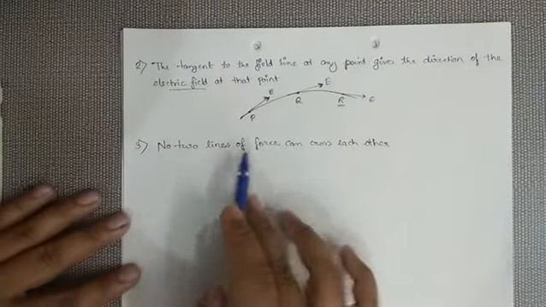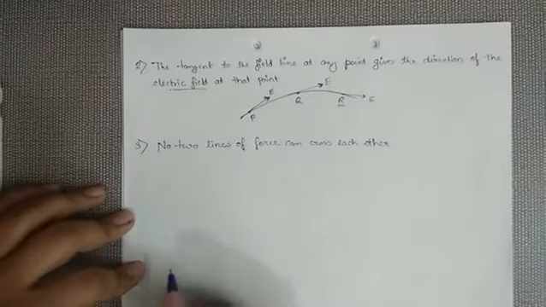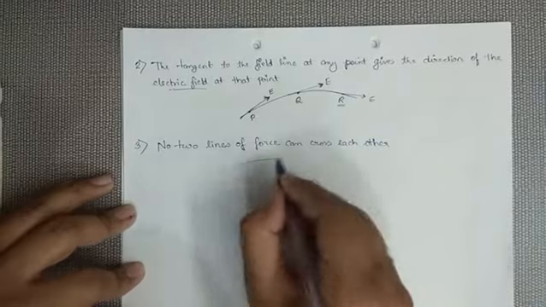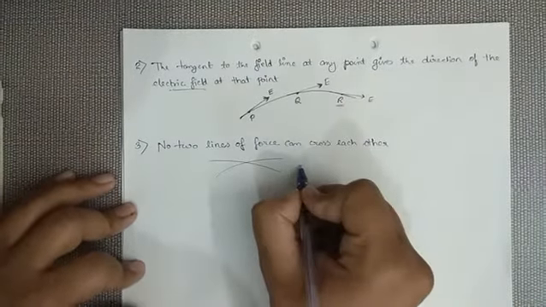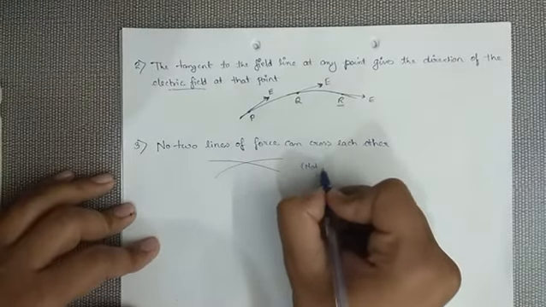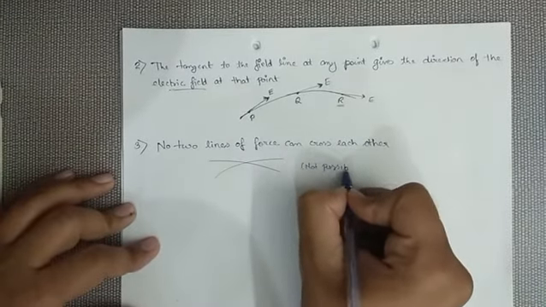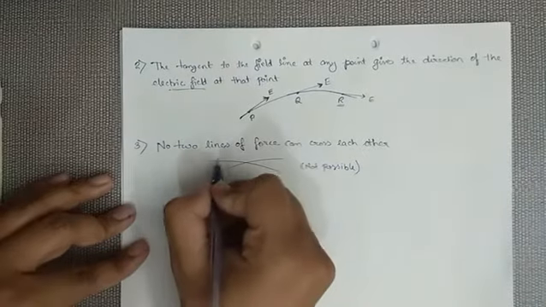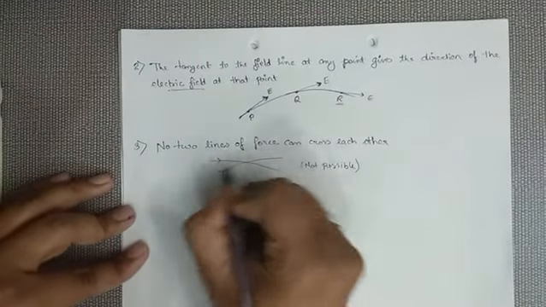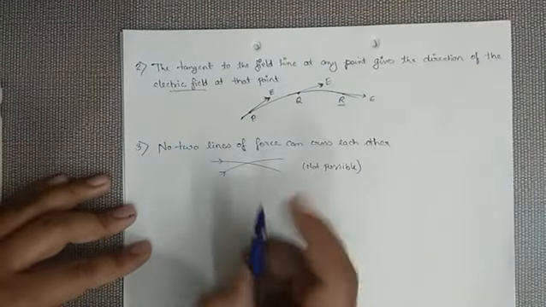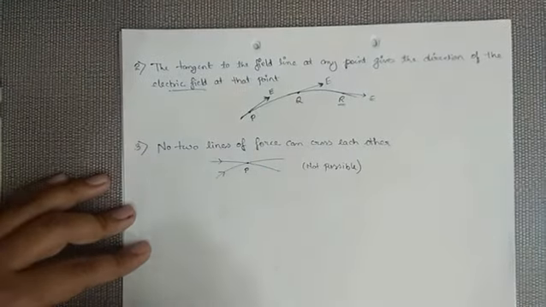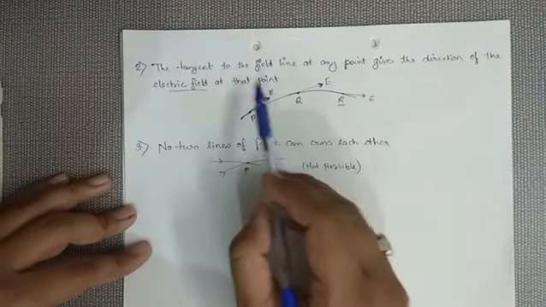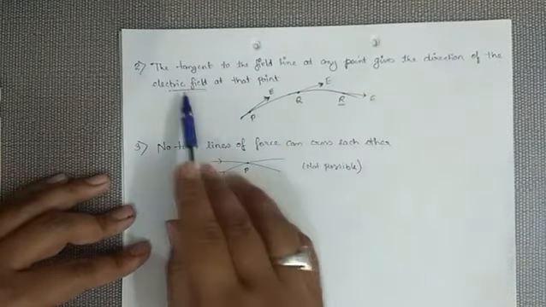Moving to the third point: no two lines of force can cross each other. It is said that electric field lines never intersect each other. Such an intersection is not possible. Why? Suppose these two are electric field lines and they intersect at point P. In the previous point we saw that the tangent gives you the direction of the field.